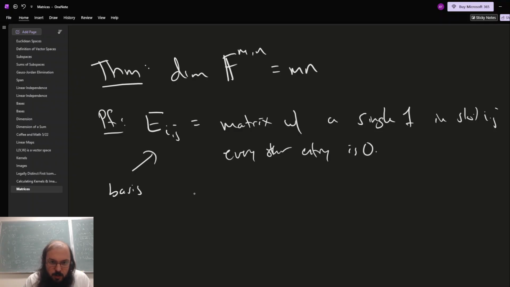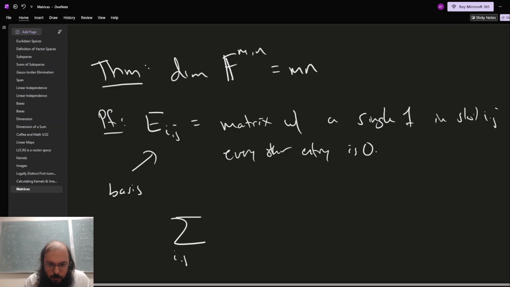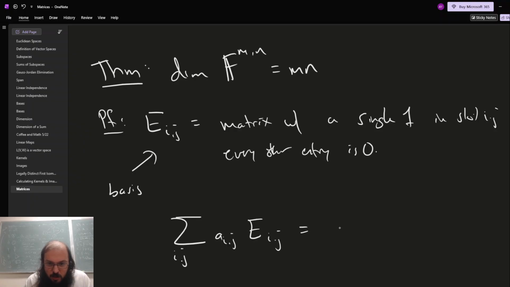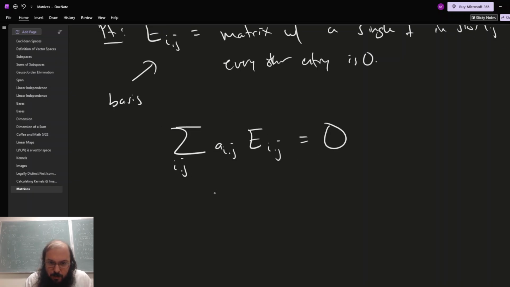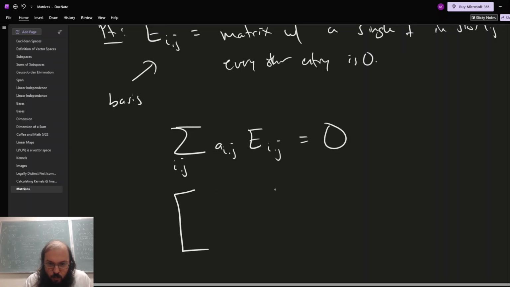And so, well, for linear independence, we can consider what would it mean if I did a double sum of A_ij E_ij, and I set that equal to 0. Well, this sum would be the m by n matrix whose entries are the A_ij, right?